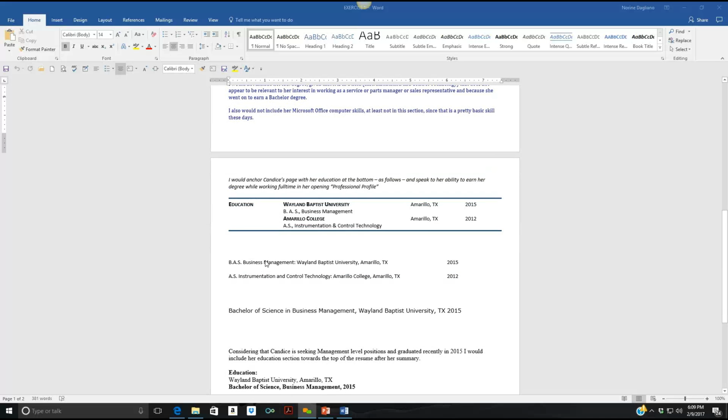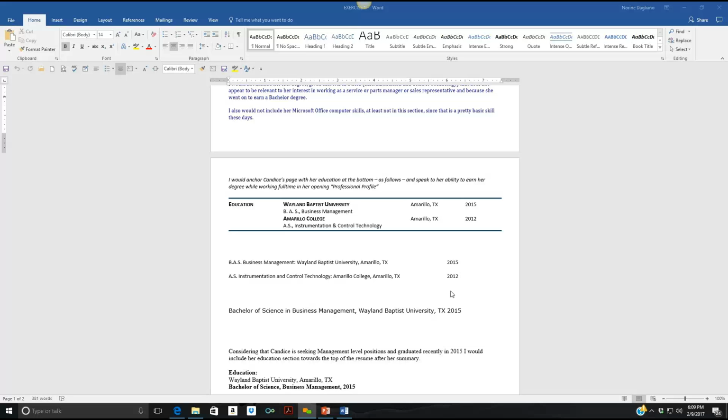The next one is just listing both degrees again with the dates. And one thing about the dates, I think I mentioned this last week: general rule of thumb, if the degree was earned within the last 5 years, include the dates. However, there are situations where there may be a significant gap.